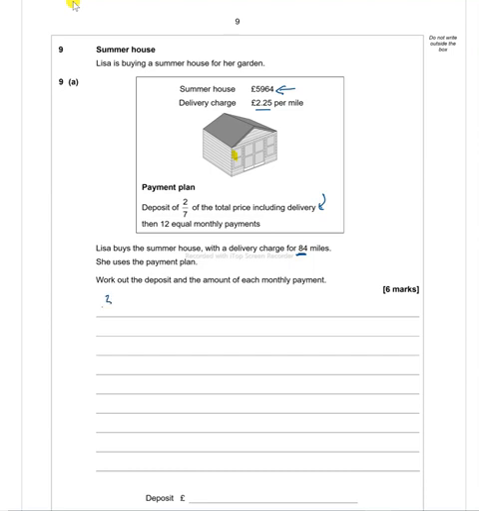I think they want 2/7 of 5,964, which is 1704. So you have to pay that deposit plus the delivery charge. So it's 84 miles times £2.25 per mile. £2.25 times 84 is 189.